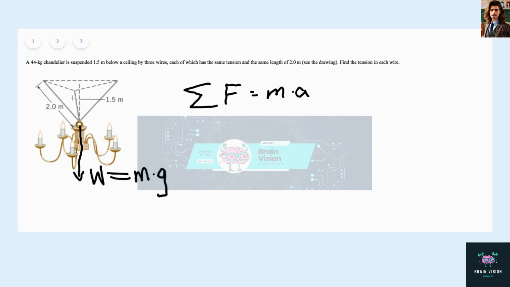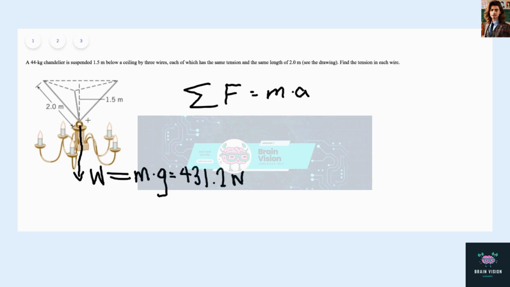If you plug in that the mass is 44 kilograms, you'll find that the weight of this chandelier is 431.2 newtons. Don't forget that on Earth, the acceleration due to gravity is 9.8 meters per square second.